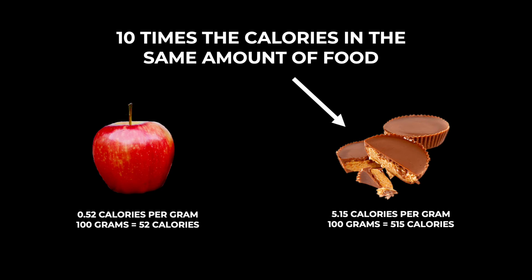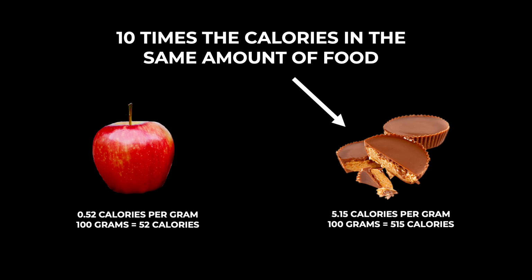So when your goal is fat loss, it can be useful to focus on eating foods that provide a lot of food in terms of quantity for very few calories. Because this is going to leave you feeling fuller for longer as the volume of food you've eaten is higher, even though the calorie content is low.